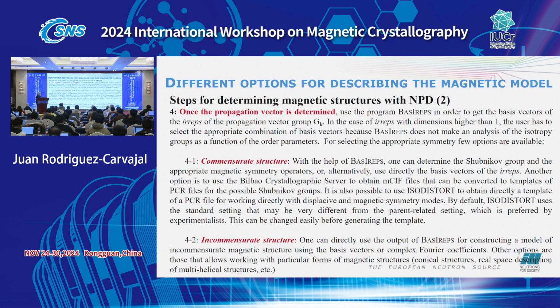You can also use ISODISTORT when you have a commensurate structure to do the same, with the advantage that in such a case you combine the representations together with magnetic space groups, because you can understand quite easily at that moment, when you are at the phase transition, you can think about the physics of the problem, and you can determine which are the important representations that are involved in the transition, etc. You refine amplitudes instead of, for example, atom positions or just the magnetic moment of the atom.